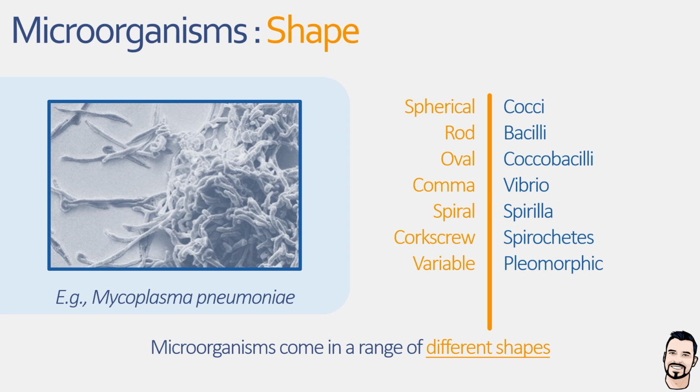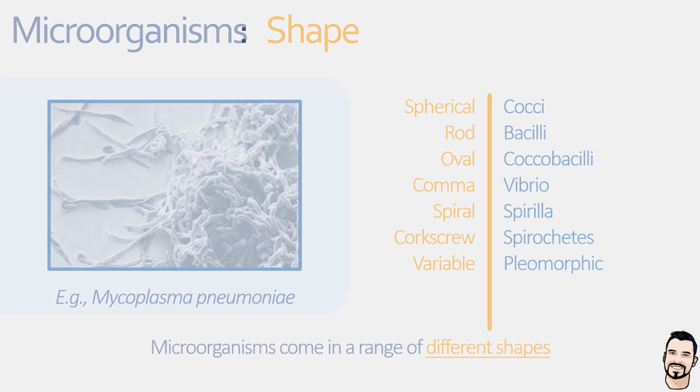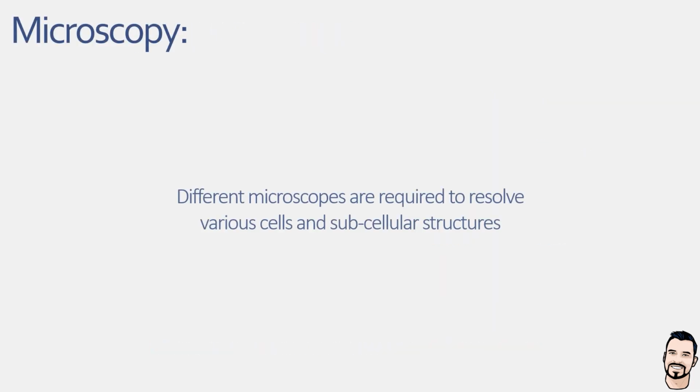And I guess a key example of this would be Mycoplasma pneumoniae, a bacterium responsible for atypical pneumonia and other respiratory tract infections, which has a thick layer of mycolic acid in its cell wall, which contributes to its unusual shape.